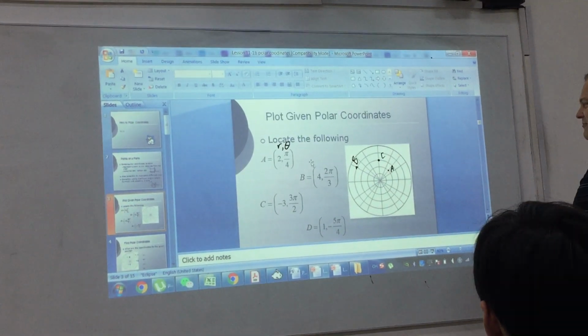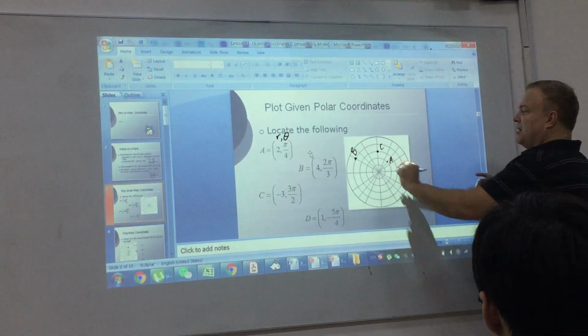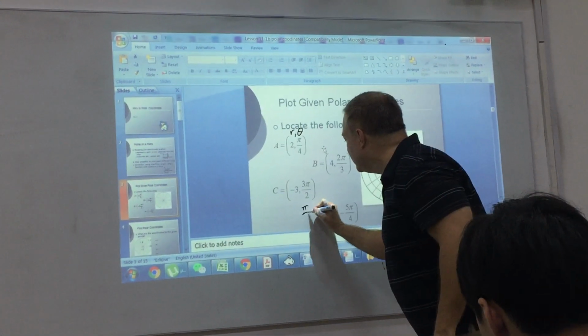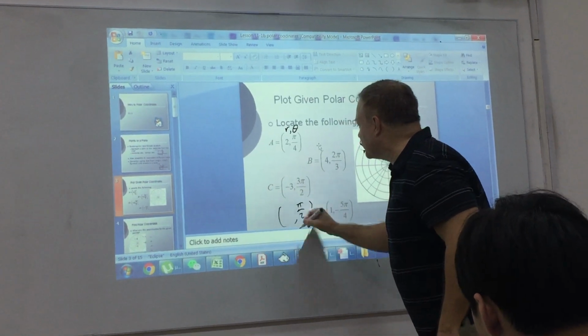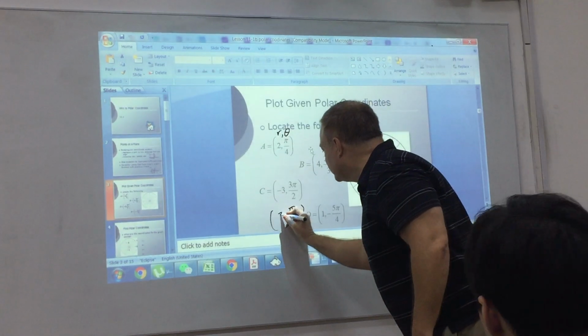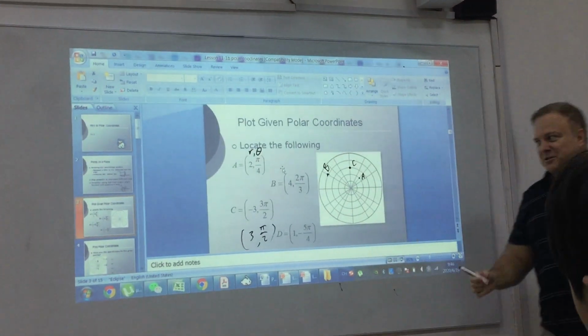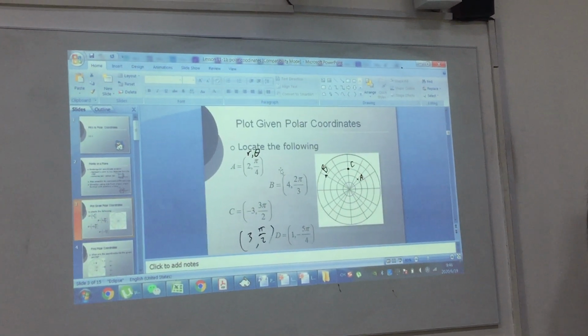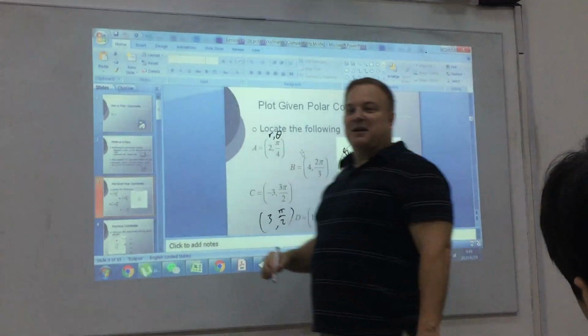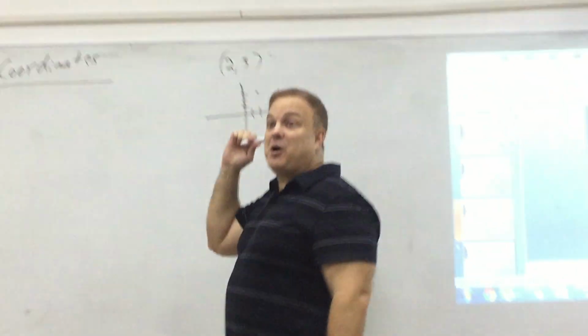So notice, if I really wanted to, I could have just said that the angle was pi over 2, and then I could have said that R was 3. It turns out we have 2 different ways of representing the same point C. And that's not only the 2 points that I just wrote.